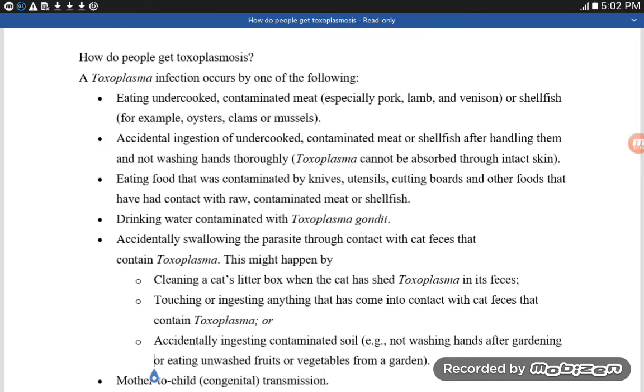Or sometimes when you are eating fruit without washing it directly after picking, if it contains contaminated stages, we can get the infection. The same goes for vegetables.